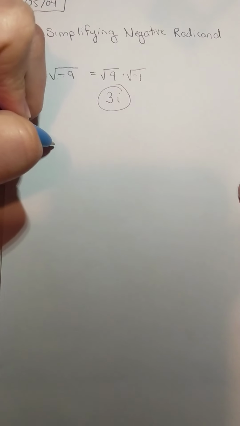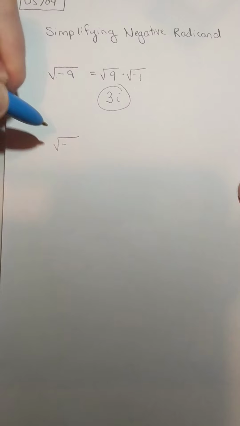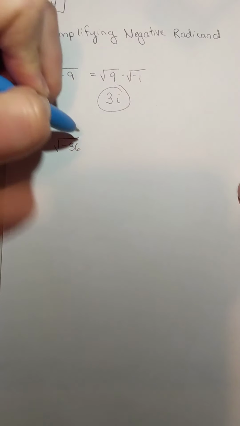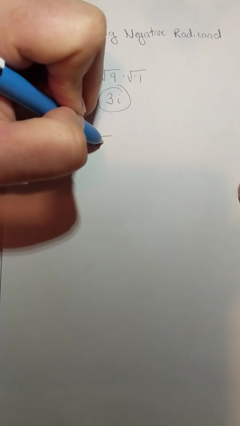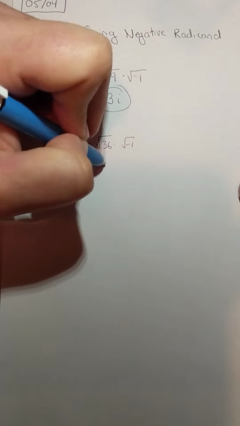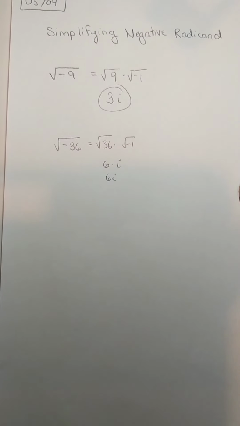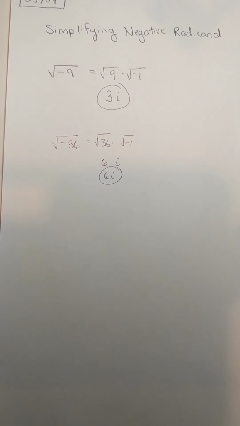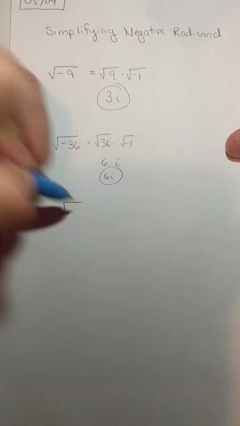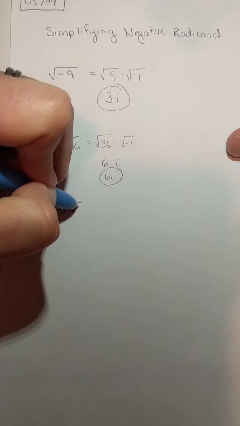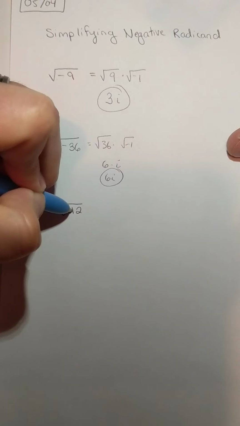Let's see another one. How about the square root of negative 36? Well, that would be the square root of 36 times the square root of negative 1, which is 6 times i, so 6i. You want something more challenging? All right, how about the square root of negative 12.